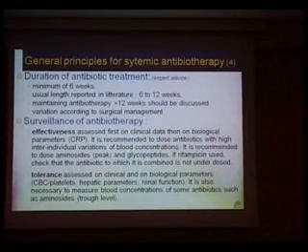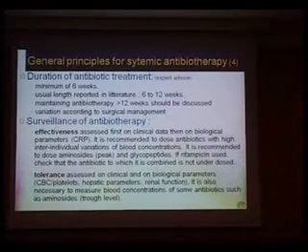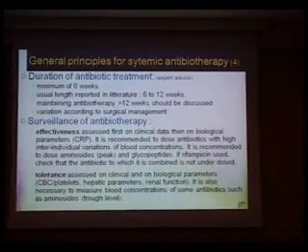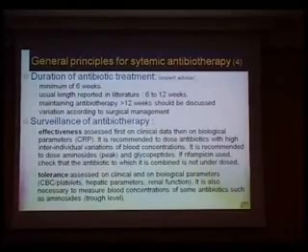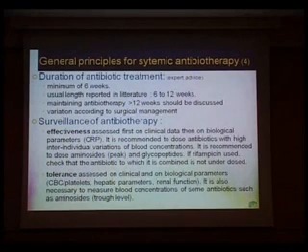It is recommended to control the effectiveness and tolerance of antibiotic therapy. Effectiveness is assessed first on clinical data, but also on biological parameters, CRP. It is recommended to dose some antibiotics, such as glycopeptide or rifampicin, or if rifampicin is used, to dose the antibiotic which is combined, because there is an enzymatic induction by rifampicin.